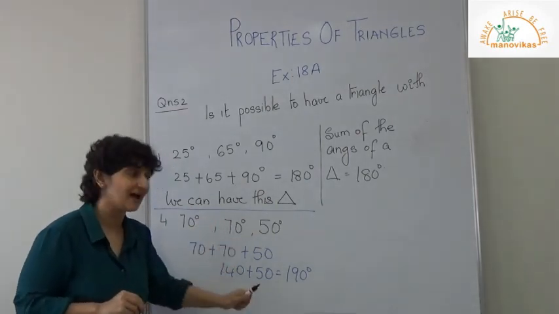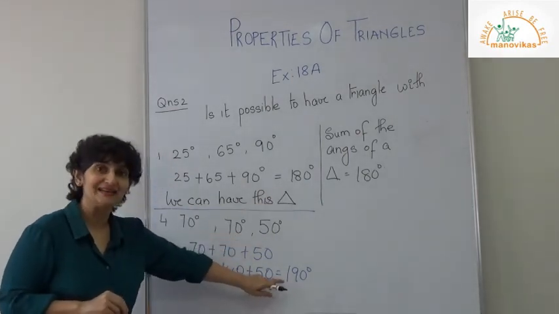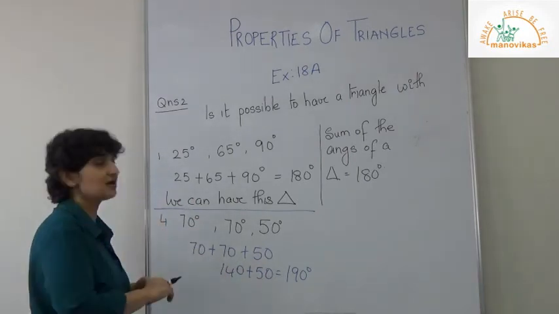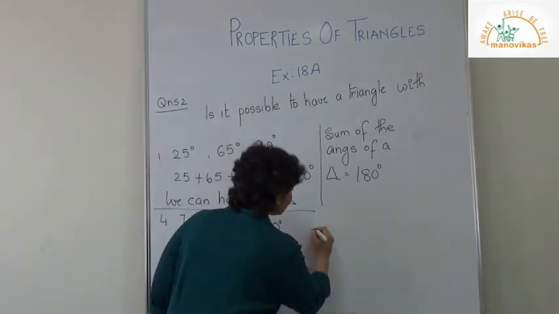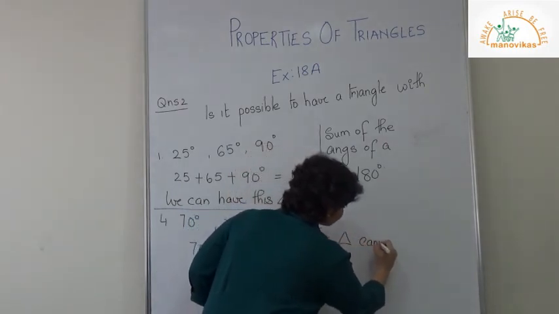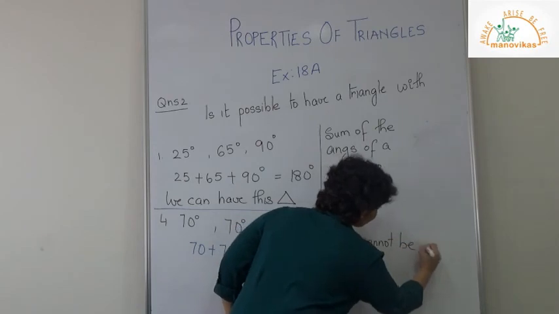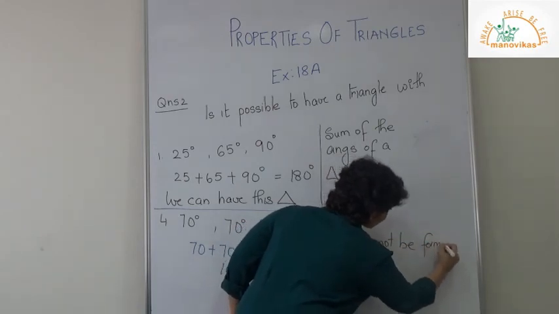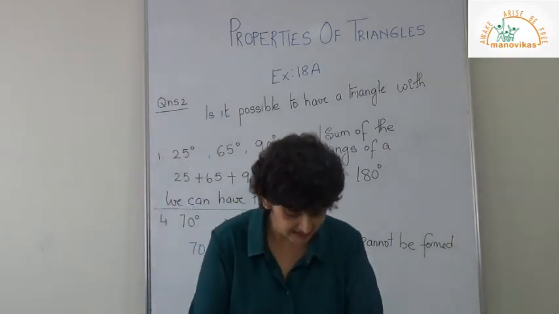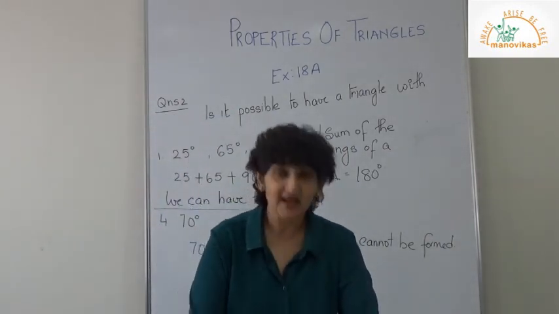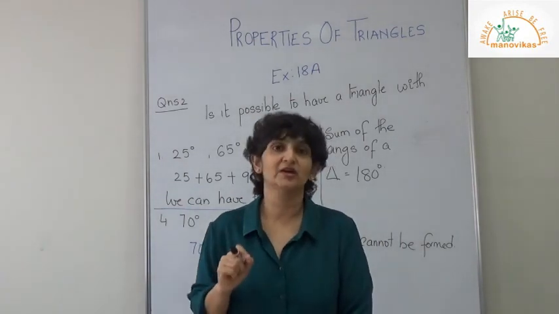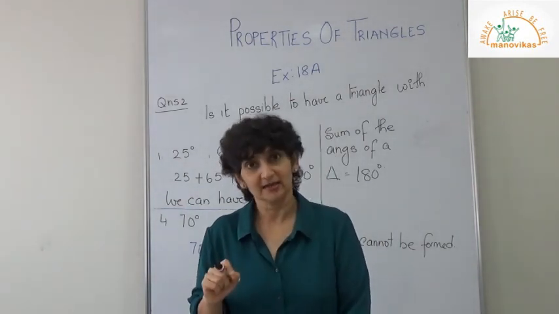Because the sum of the angles of a triangle should be 180 and this exceeds. So you cannot form this triangle. Is this clear, children? From exercise 18a, questions 1 and 2, now you will work out and let me know whether you have understood or not. Clear?